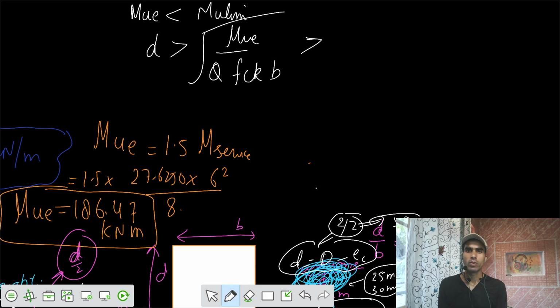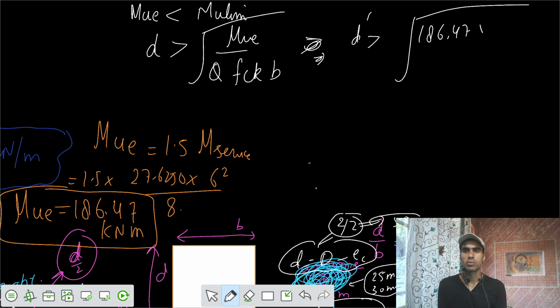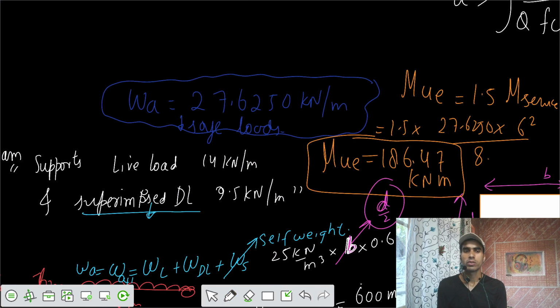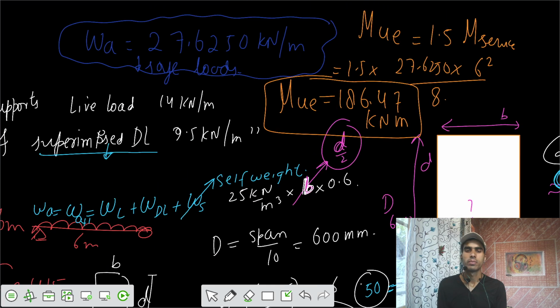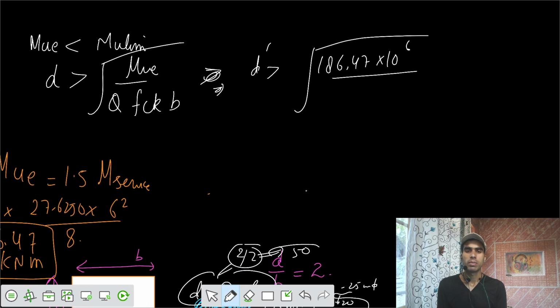Then you substitute the values. That means d should be greater than root of, substitute this value of 186.47 10 to the power 6 divided by Q. Which steel are we using? We are using the steel of Fe415. That means the value of Q is 0.148.